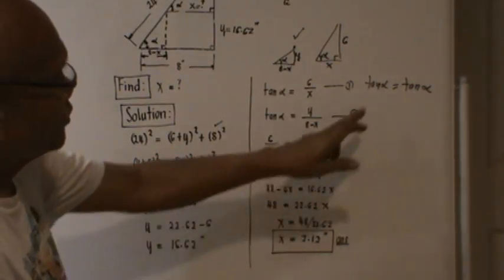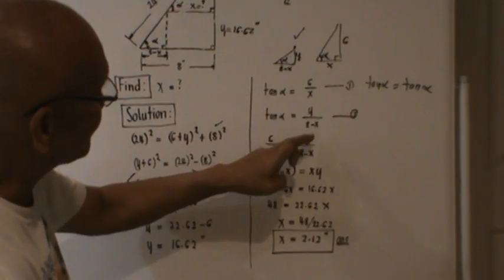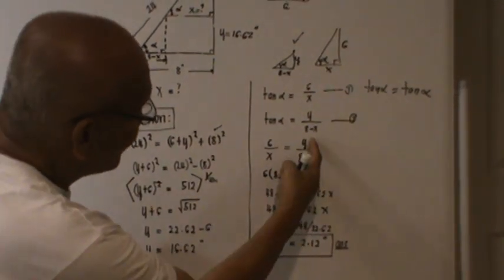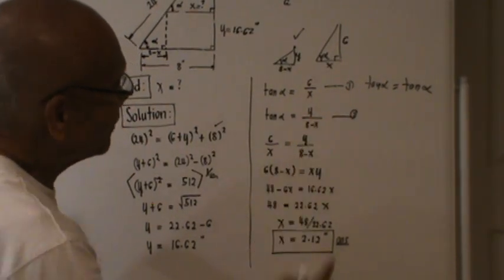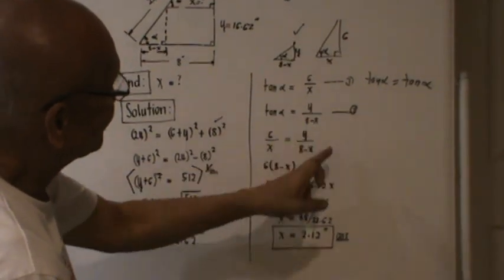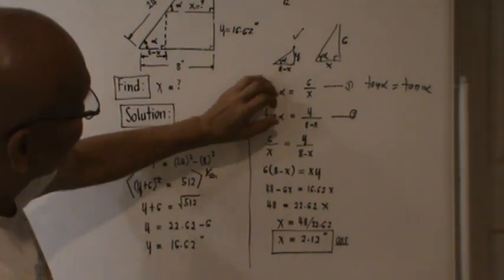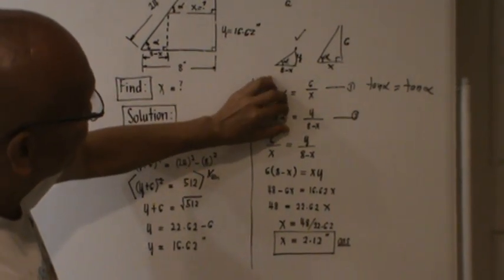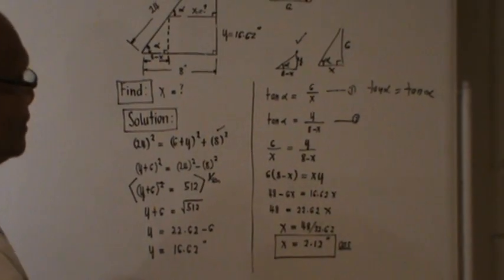The value of tangent of alpha using the first right triangle is actually y over 8 minus x. And the value of tangent of alpha using the second right triangle will be the ratio 6 over x. Like we equate these two equations here. That is, tangent of alpha equal to tangent of alpha.